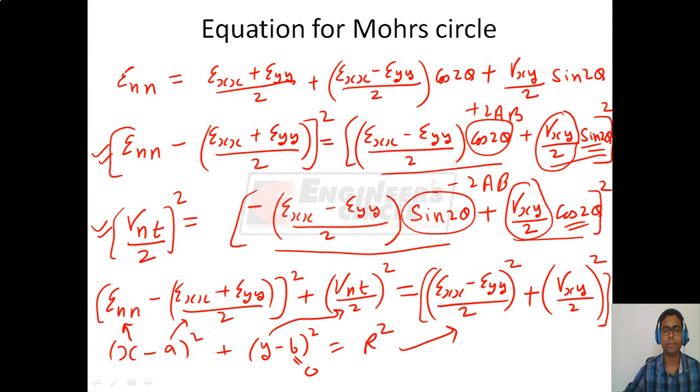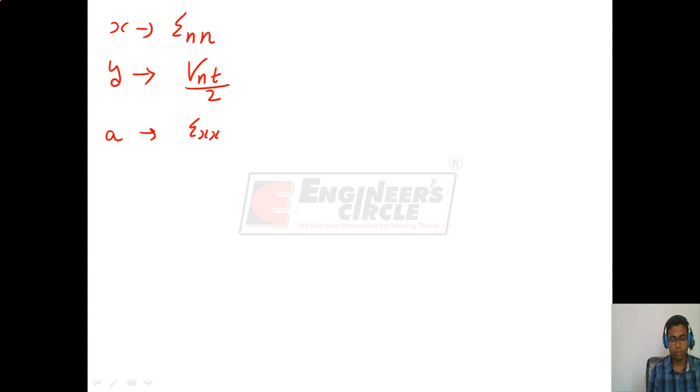So I can write instead of x we have epsilon nn, that is normal strain in nth direction. Instead of y we have gamma nt/2. In place of a we have (epsilon xx plus epsilon yy)/2.